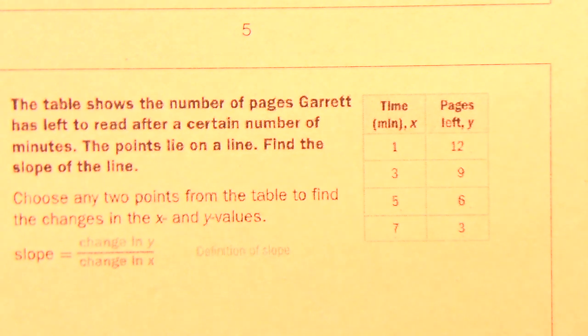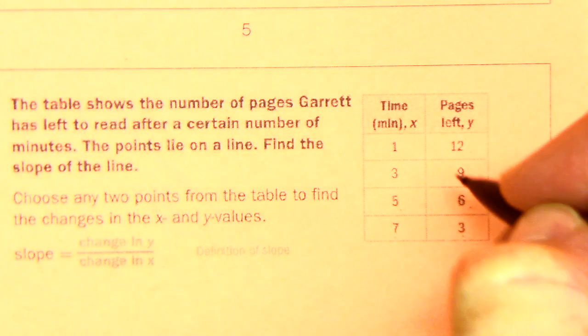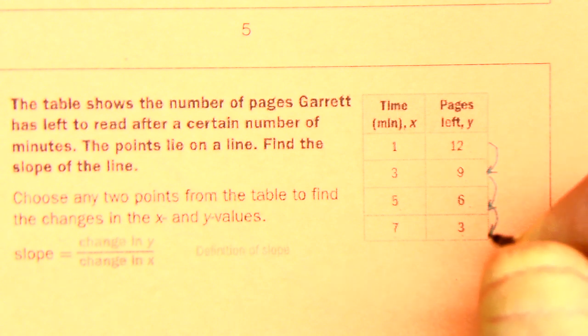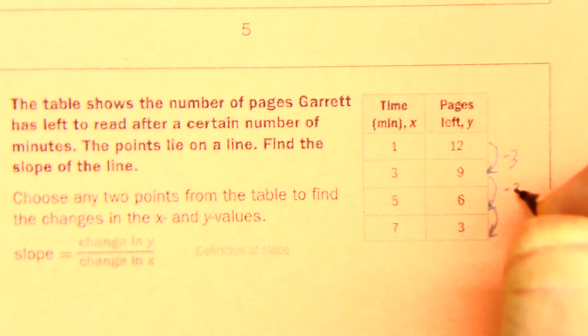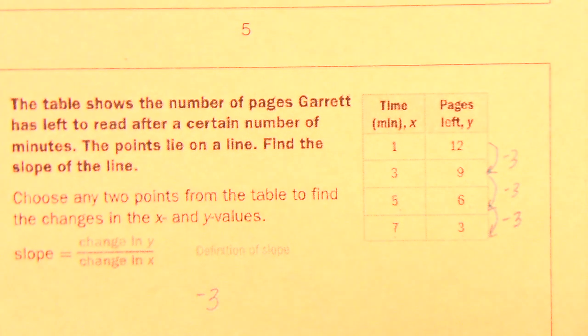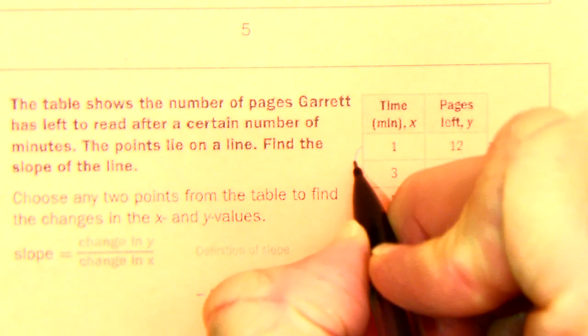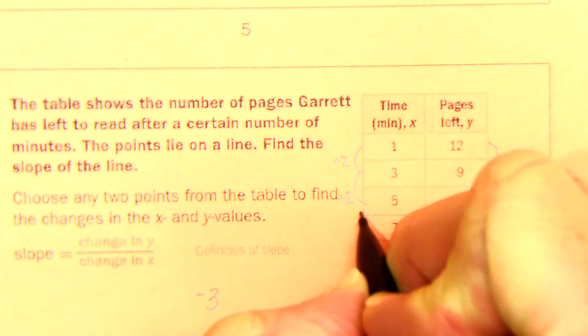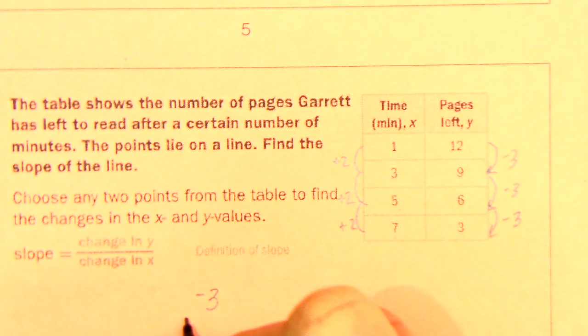Okay, so we have to find, just like our constant rate of change, that's our slope. Change in y, which over here looks like it's -3, -3, -3. So change in y is -3 over change in x. 1 to 3 is +2, +2, +2.